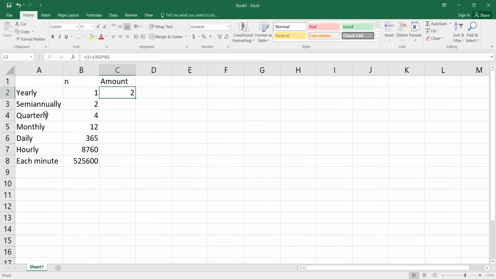So when interest is compounded semi-annually, twice a year, that number is 2.25. Then if it's compounded quarterly, the number increases to approximately $2.44.